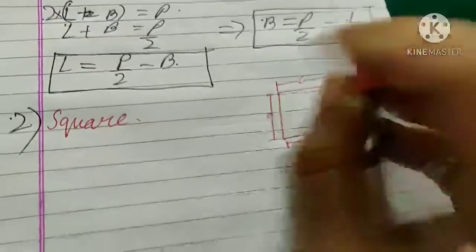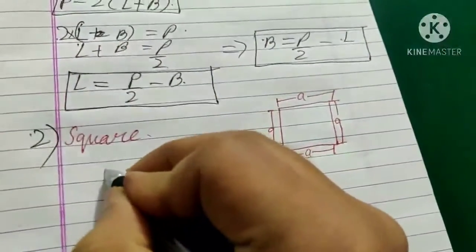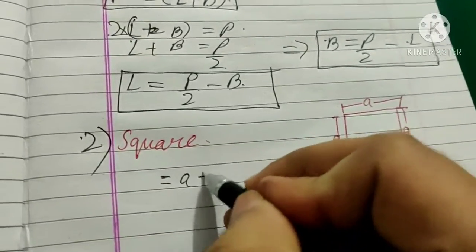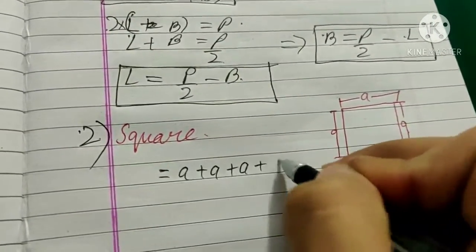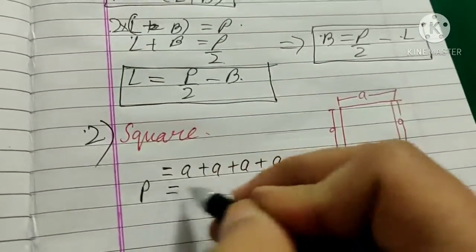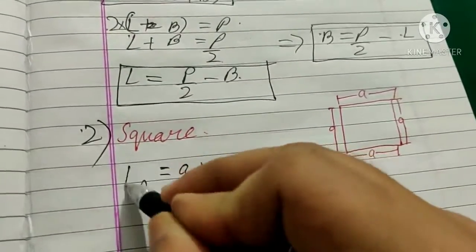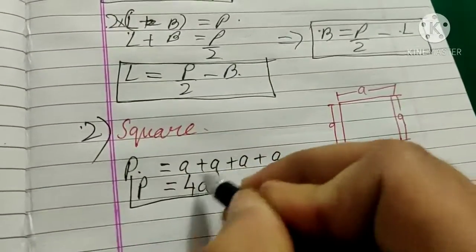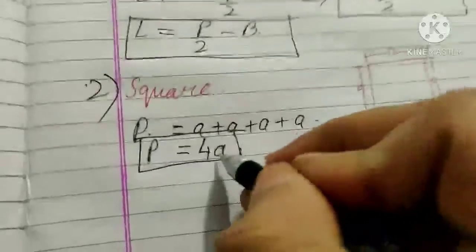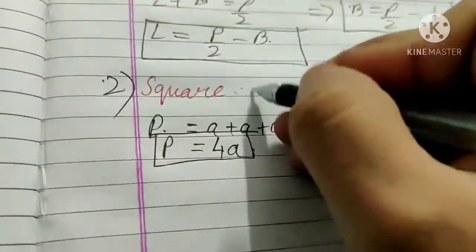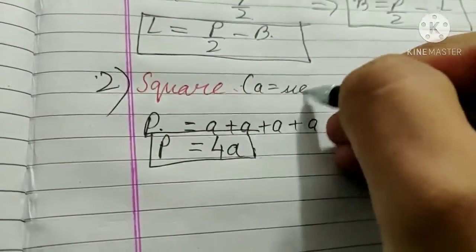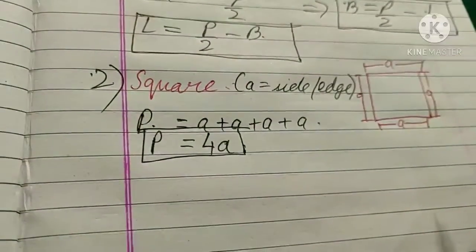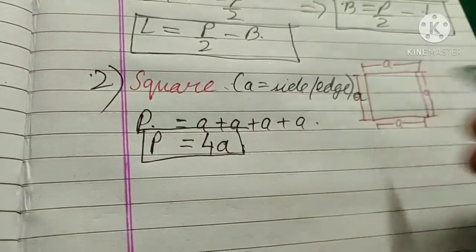In a square all sides are equal, so the perimeter is again the sum of all sides: A plus A plus A plus A, that is perimeter equals 4 into A. The perimeter of a square is 4A, where A stands for the side, or you can also say edge.